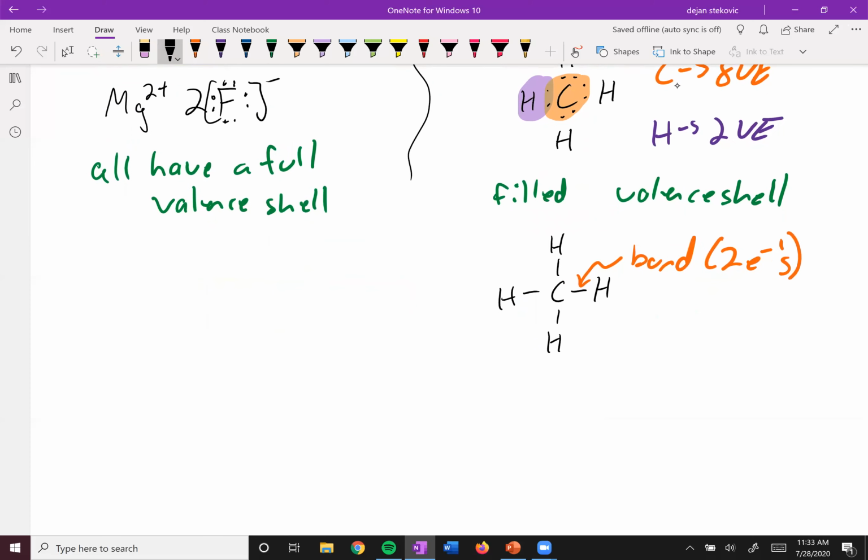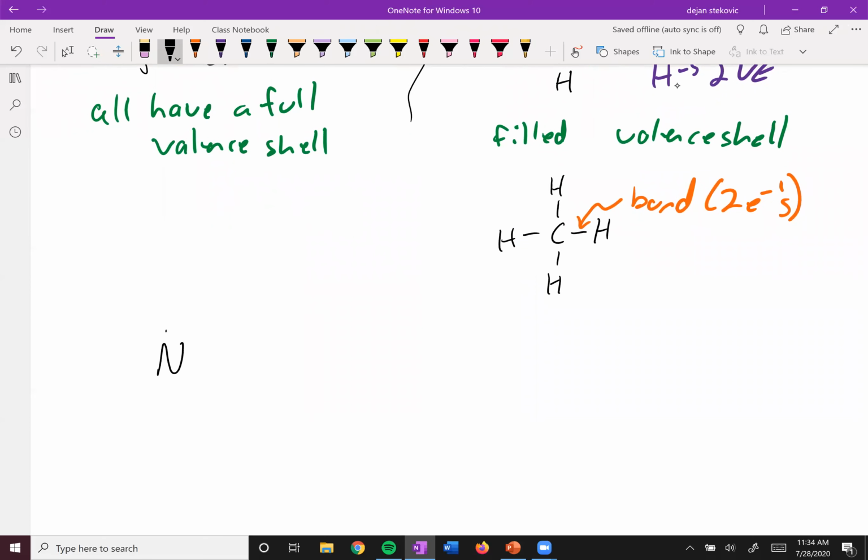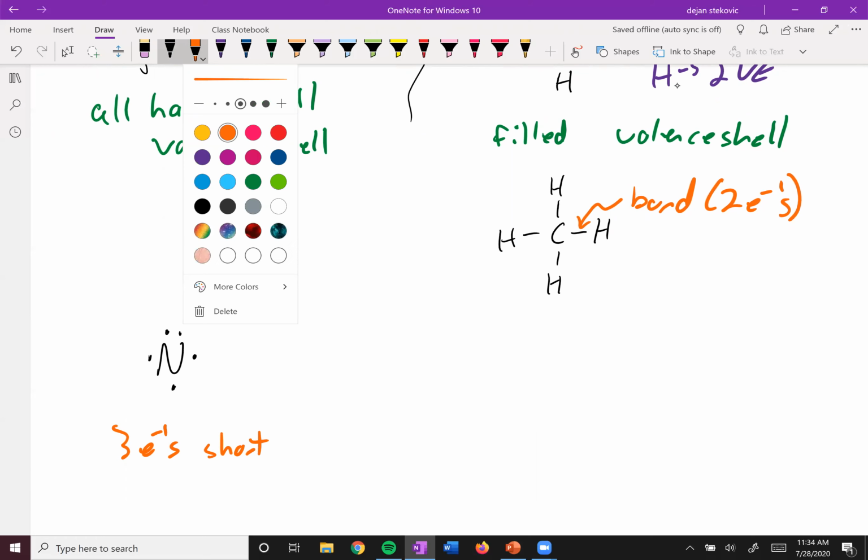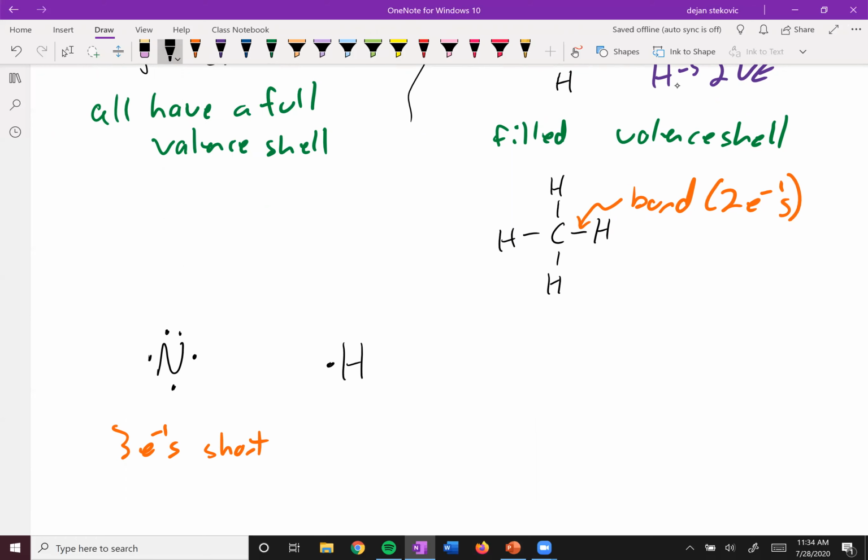And so let's take a look at some other atoms. If we take a look at nitrogen, nitrogen has 5 valence electrons, and so it's 3 electrons short of a filled valence shell or an octet. And if you think about it interacting with hydrogen, hydrogen is of course 1 short, and then you could predict that there will be 3 hydrogens here.